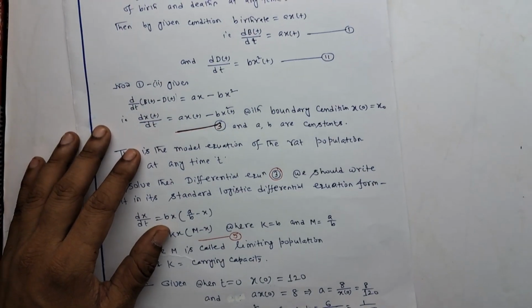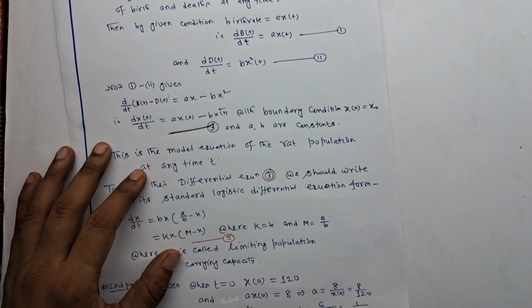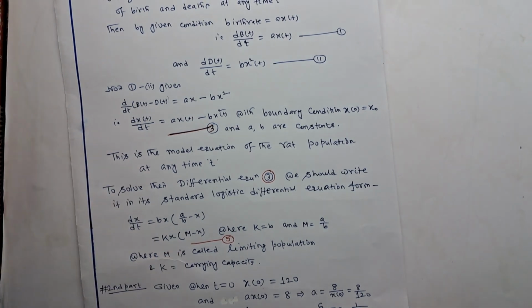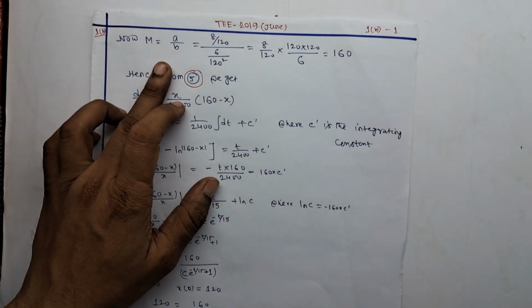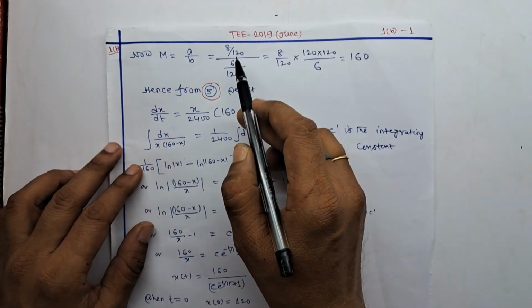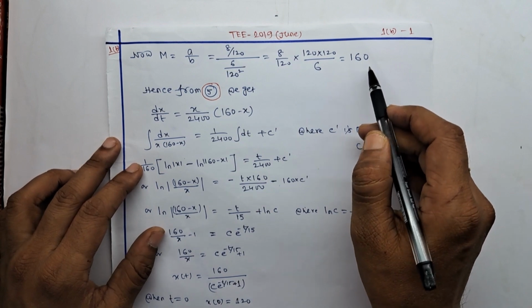So ax equals 8, a equals 8 by x0, 8 by 120, because the value of x0 is 120 initially, and b equals 6 by 120 squared equals 1 by 2400. Now what is m? m is nothing but the threshold population, equals a by b. I put in the values of a by b, and I get 160.